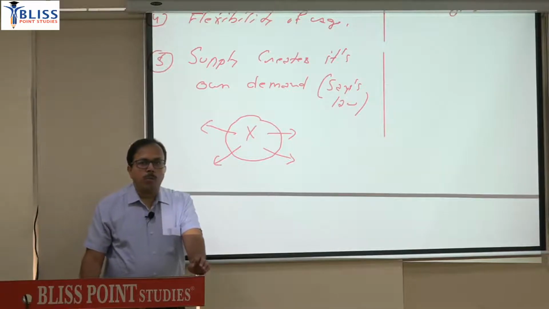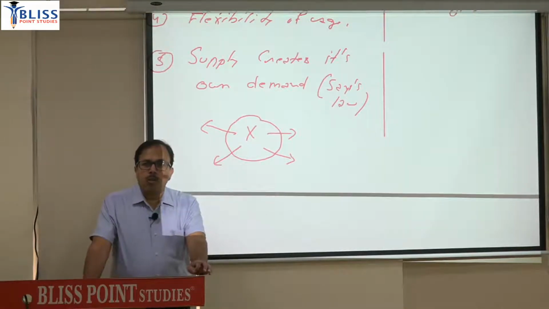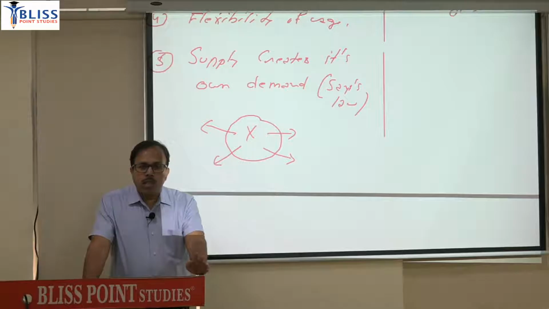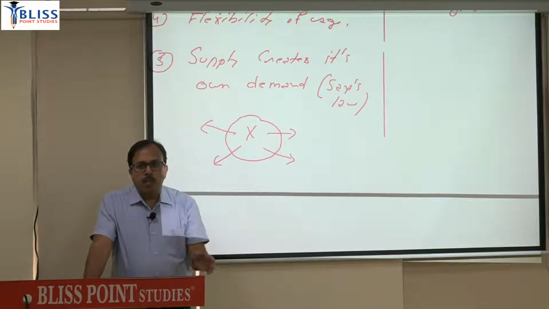To labor you will pay wage, to capital you will pay interest, to the landowner you pay rent. Those wage, rent, interest are income to the factors of production. So production generates income. And what is the use of that income?